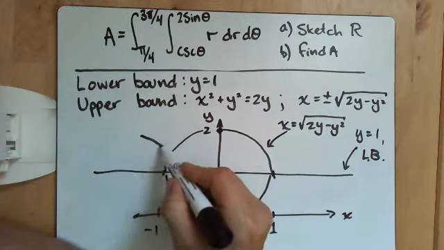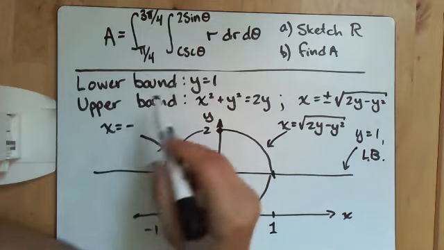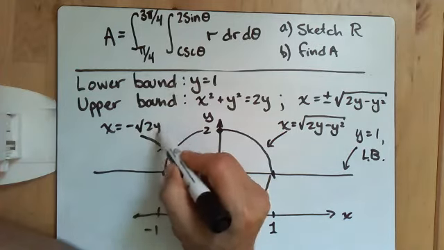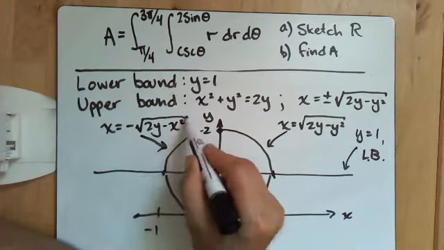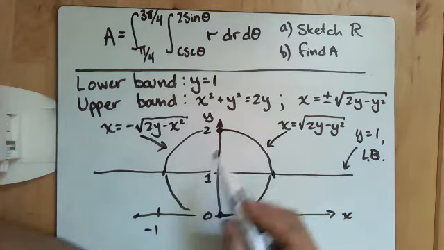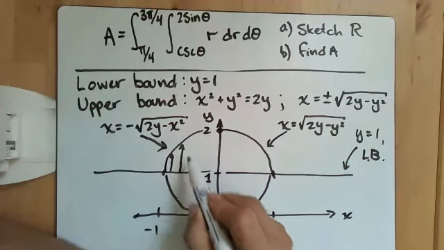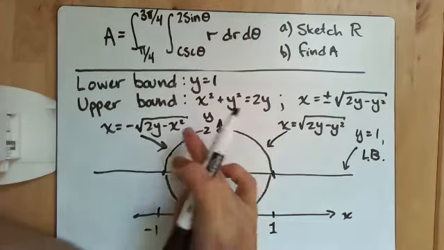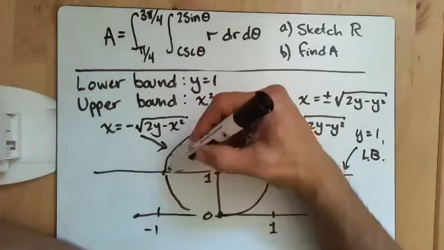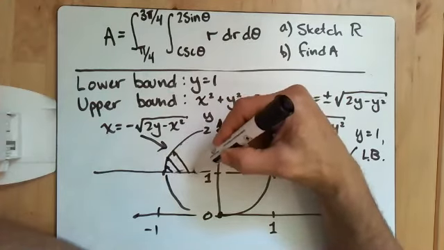This left hand side is x equal to negative square root of 2y minus y squared. Okay, so we're integrating over a region that looks like this. Sorry, because we're integrating in polar coordinates, we're integrating with respect to r. So we're integrating in this direction, radially.